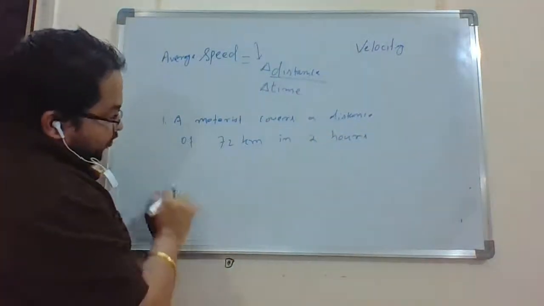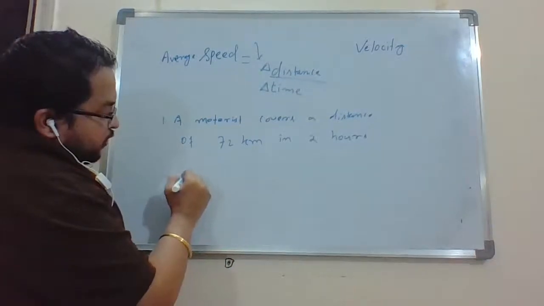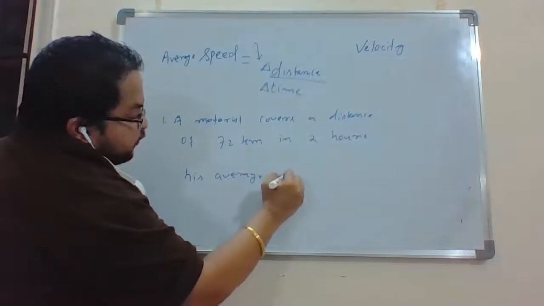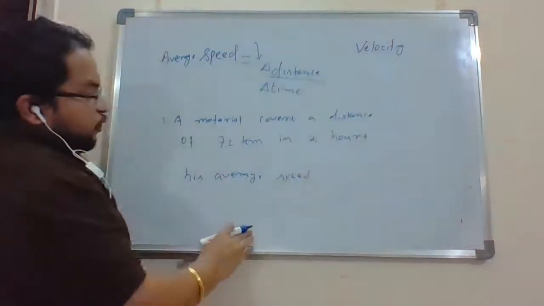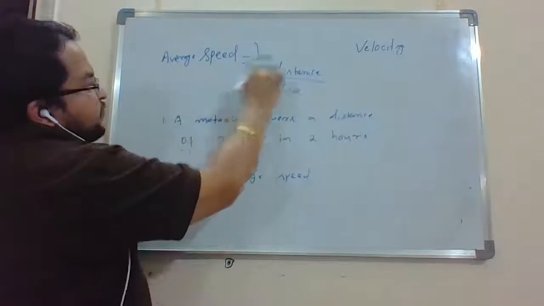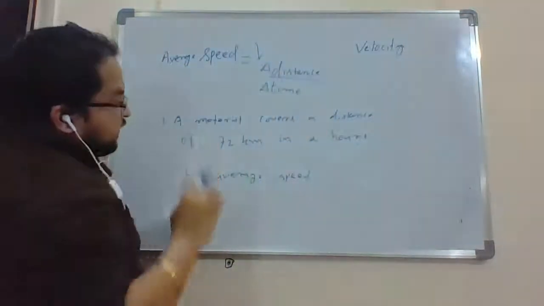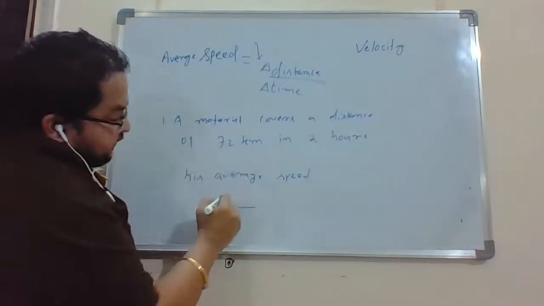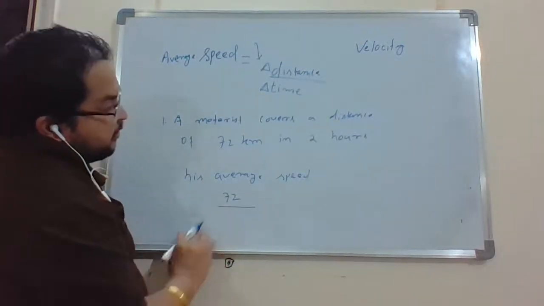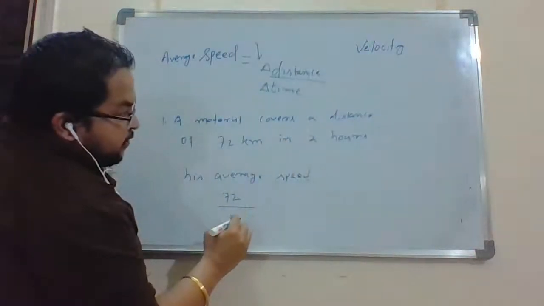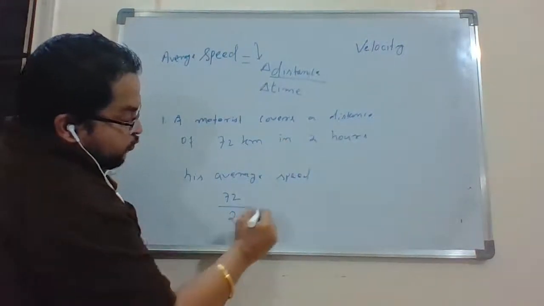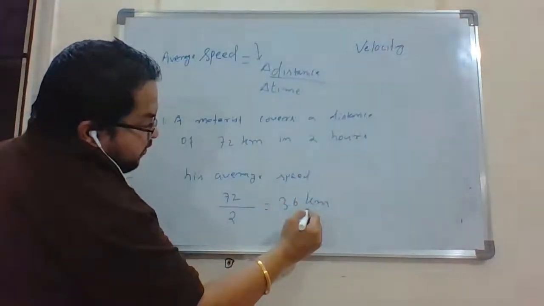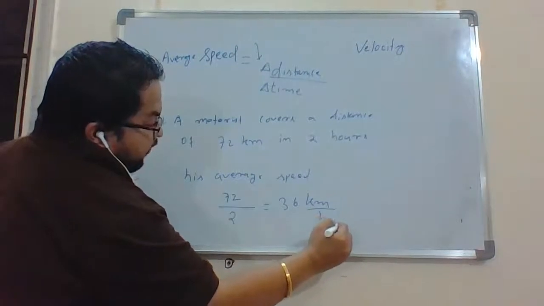Then find out his average speed. So very simple. Average speed, we know, is change in distance by change in time. So this guy covered how much distance? 72 kilometer. In how much time? 2 hours. So 72 by 2, that is nothing but 36 kilometer per hour.